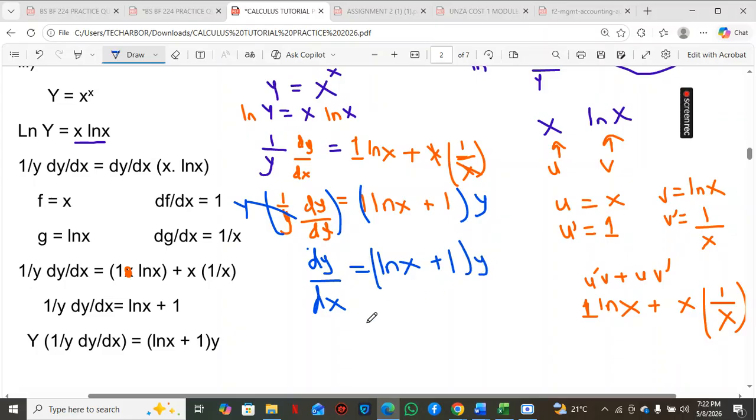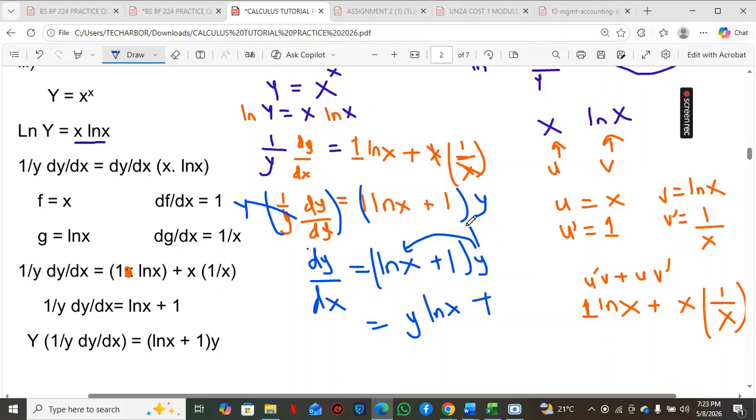And you can simplify this further. You just multiply y times natural log of x. We'll put the y in front so that we know that's just natural log of x. So you say y natural log of x plus y times 1, that is y.